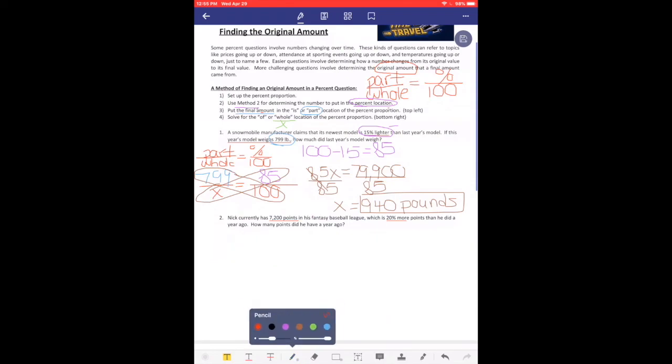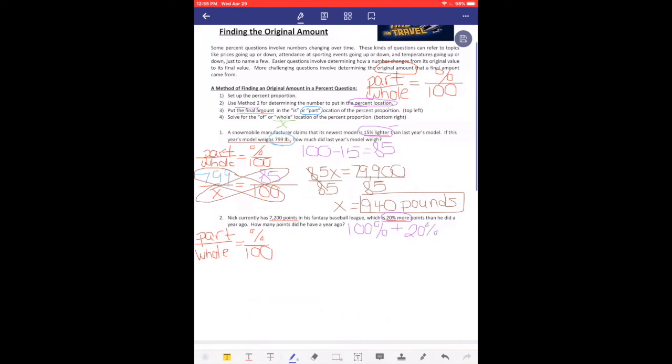First thing I'm going to find is the percent. So it's 20% more. When we're increasing, we're going to add. So I originally want to put 100%. Now I'm going to add the 20%.